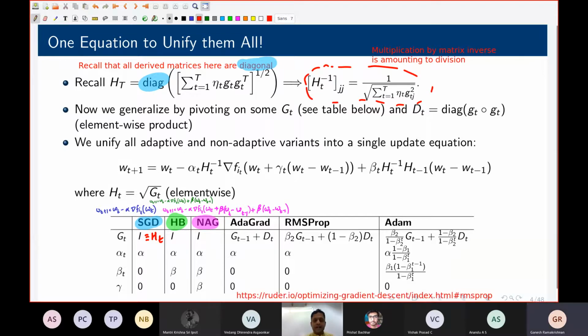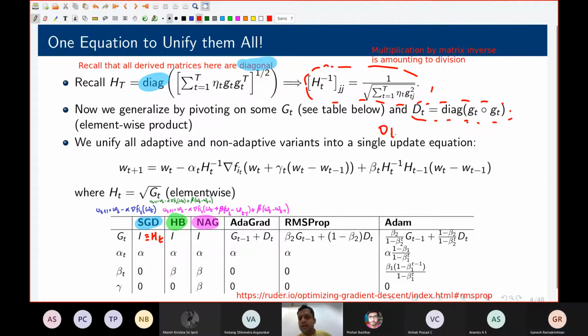So what is AdaGrad doing? AdaGrad has this adaptive gradient. It's taking a GT minus 1, adding to that this diagonal matrix DT. So DT is where the square comes in. Let's make a note: the DT and HT both involve squares.